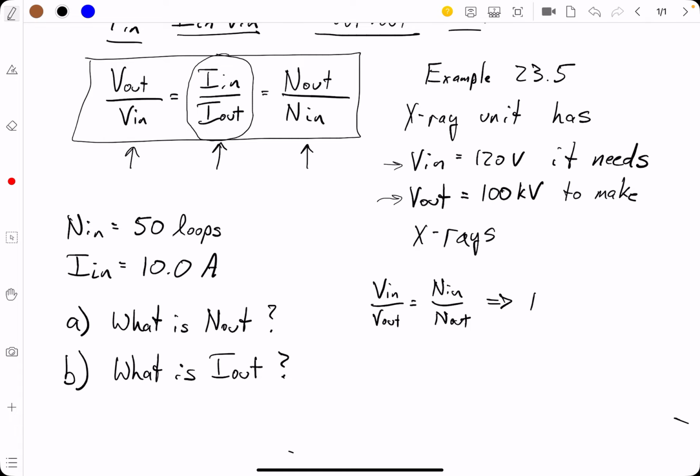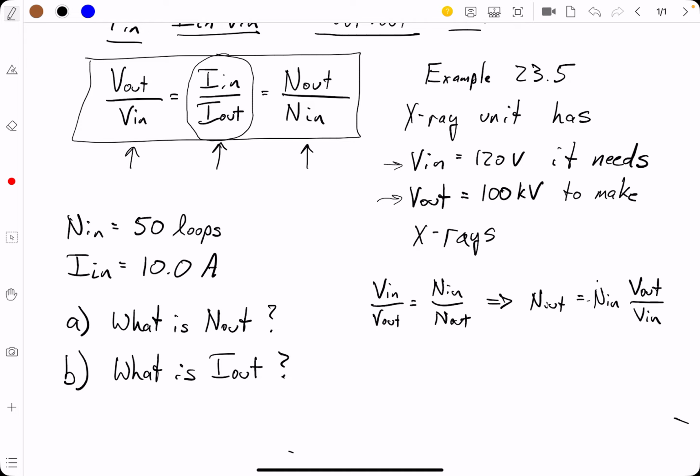And we could say that N out is equal to N in times V out over V in. Did I do that right? I think so.